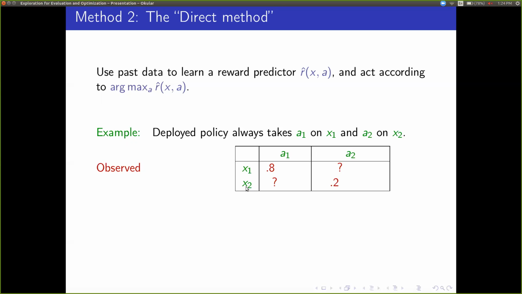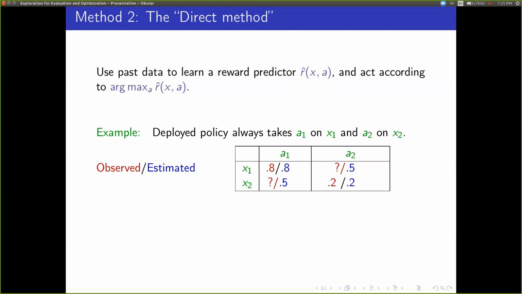When A1 was played for X1, the fraction of, let's call them clicks, was 0.8, while when A2 was played for X2, the fraction was 0.2. So you can form your reward predictor, and a very reasonable choice would give you 0.8 and 0.2. You're predicting perfectly on your observations, and then it's 0.5 in between.